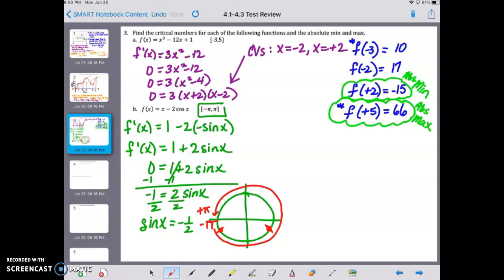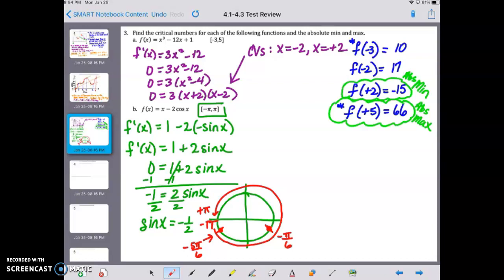So when I think about this on my unit circle, my critical values here are going to be, this would be considered negative 5 pi over 6, because again, I'm starting at negative pi and I'm going in the forward direction, right? And then this right here would be negative pi over 6. And then I don't have any in the first or the second quadrant. So those are my two critical values for this function.